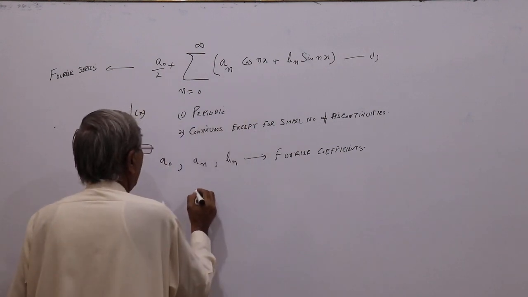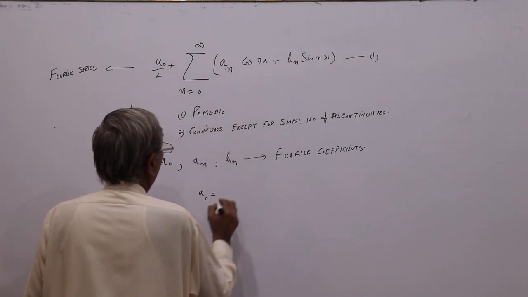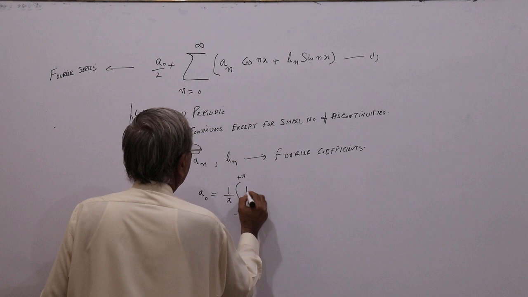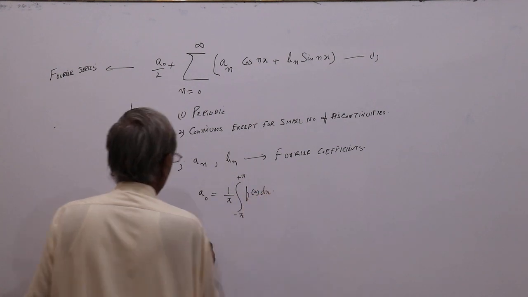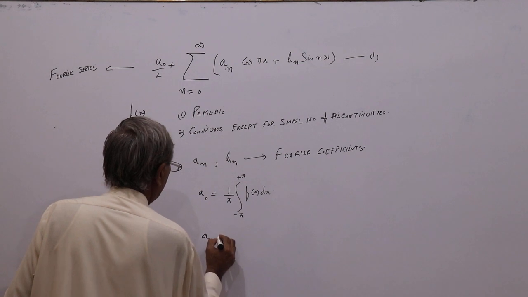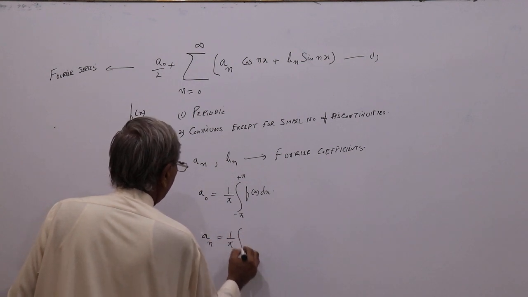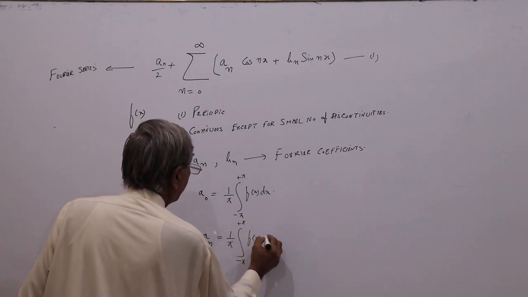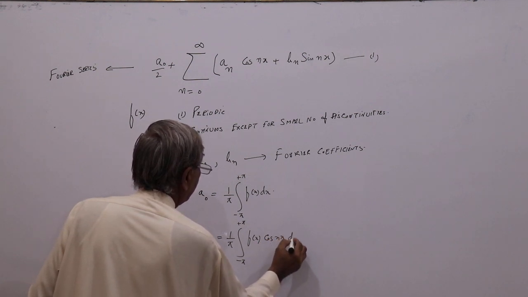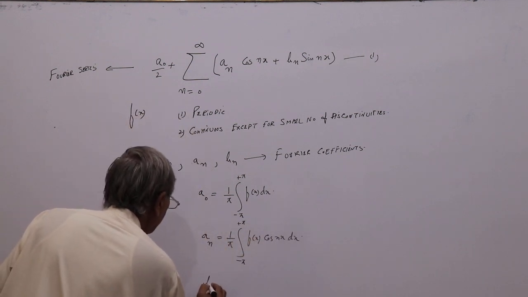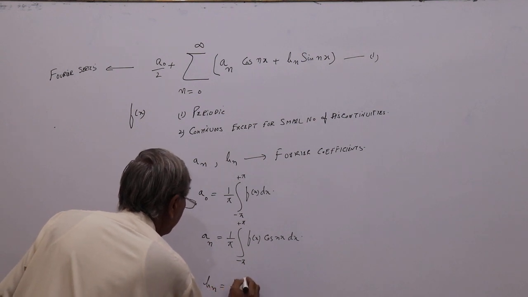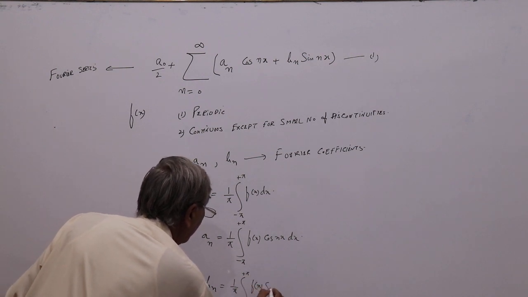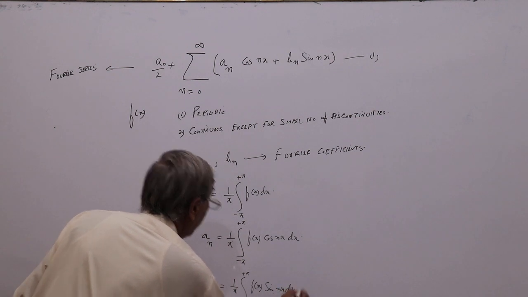The value of a naught is given by 1 over pi, integral from minus pi to plus pi of f(x) dx. The second coefficient a_n is given by 1 over pi, integral from minus pi to plus pi of f(x) cosine of nx dx, and b_n is given by 1 over pi, integral from minus pi to plus pi of f(x) sine of nx dx.